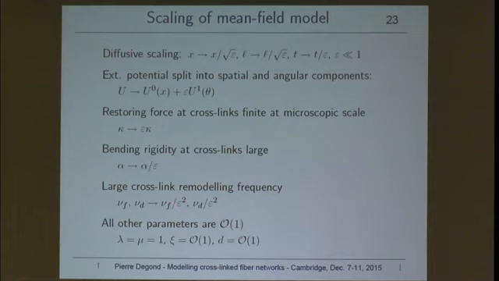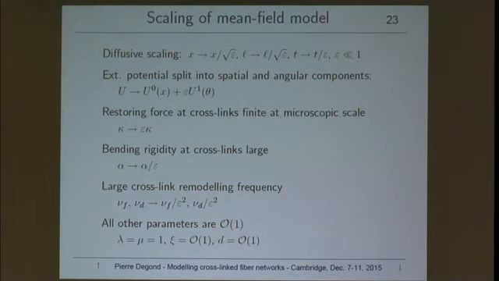All other parameters are supposed to be order 1. These are the scaling assumptions that we're making. We are aware that that may not be the most relevant choice for the biology, but I would consider it a first step into doing things that are more complicated.